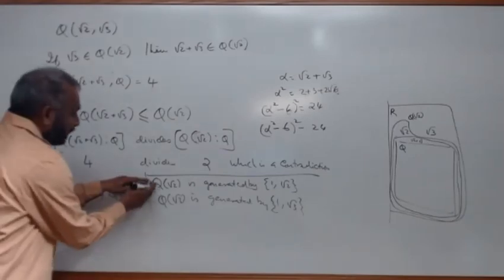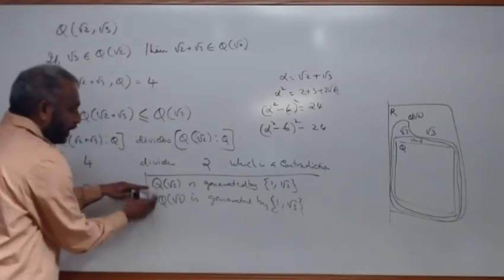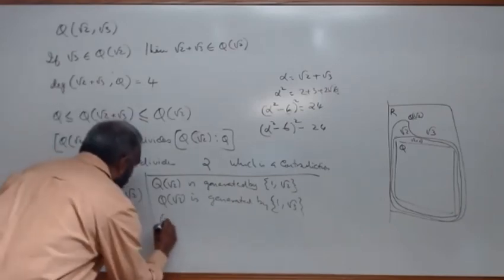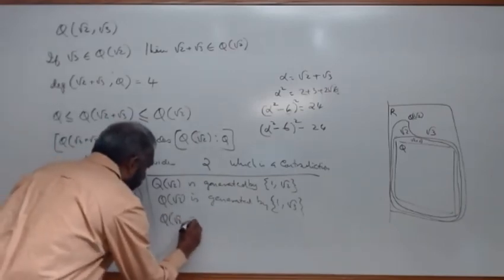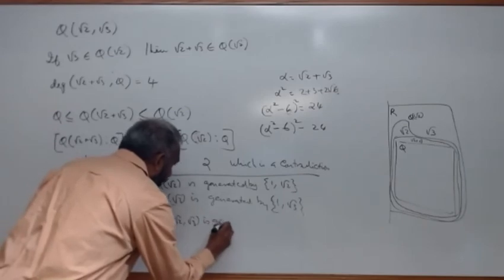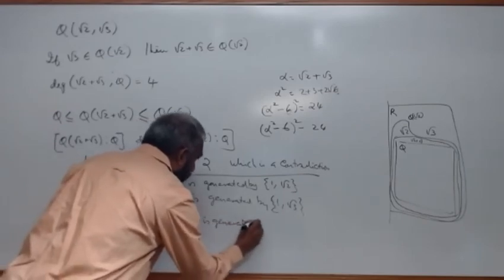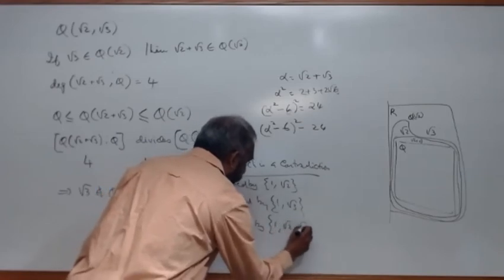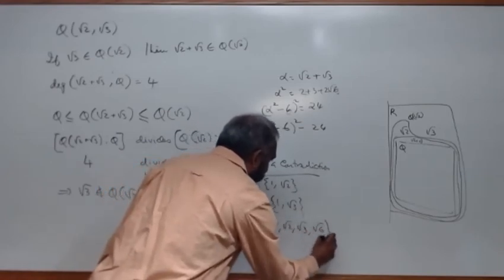The only intersection of these two extensions is Q. So Q(root 2, root 3) is generated by 1, root 2, root 3, root 6.